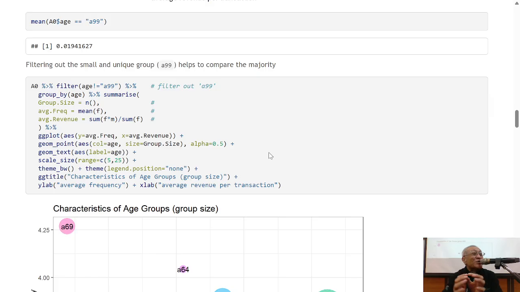Right? So I just give you an example, and I want you to use this example to explore more variables, right? To explore more characteristics that as a marketer you would like to know, right?